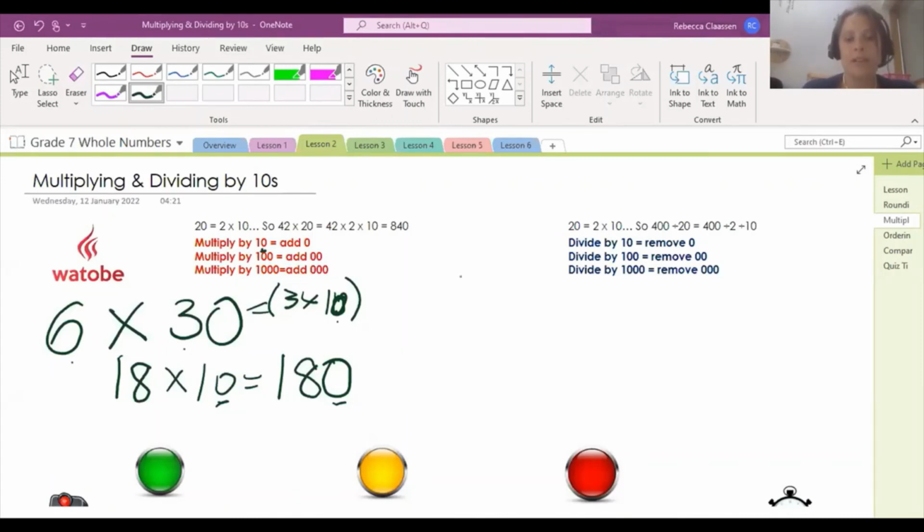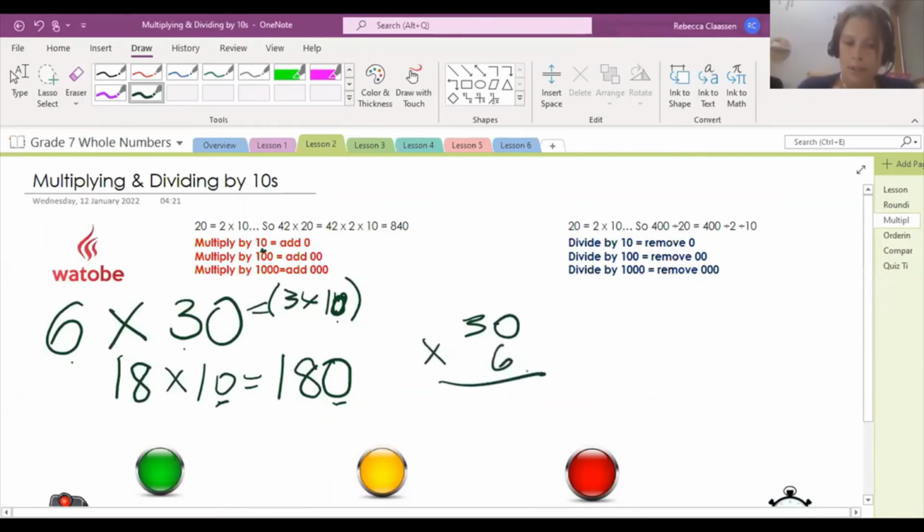But as you multiply that way, you still get 180. And as you are explaining it the way you understand it and teach it, we still get 180. So can I do the one that I know?